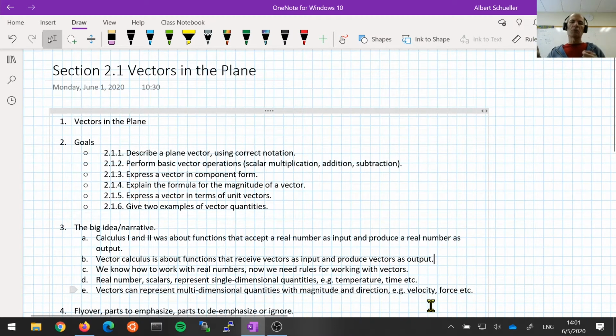If something is moving in 3 dimensions, it'll have a velocity, and that velocity comprises a direction and a magnitude. The direction is where it is headed, and the magnitude is how quickly it is going there. Force is a similar thing from physics. But that's not the only thing. Really, any multidimensional quantity is well represented by vectors.